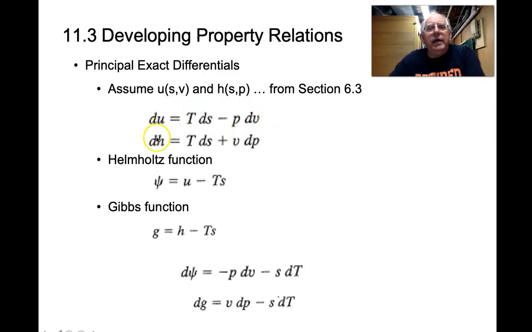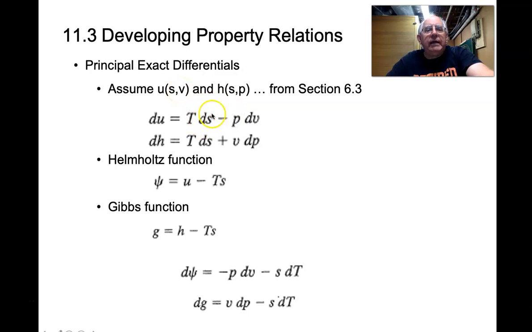But if we rewrite these equations in terms of internal energy and enthalpy on the left-hand side, we then can see that internal energy can be written as a function of entropy and specific volume.